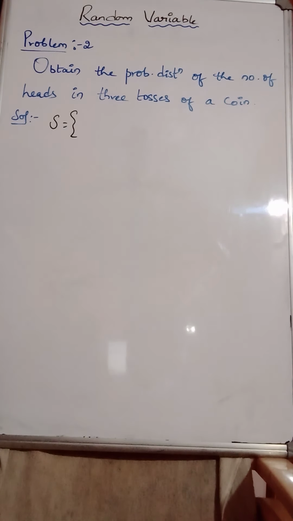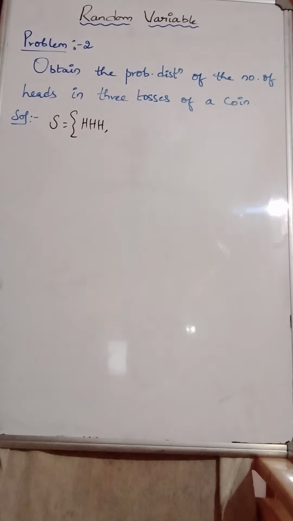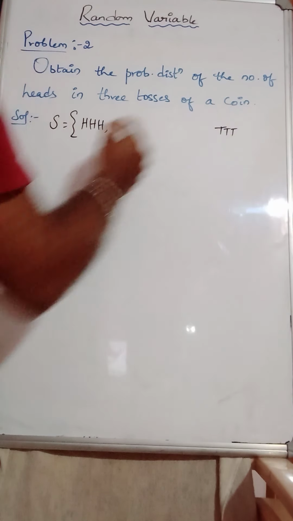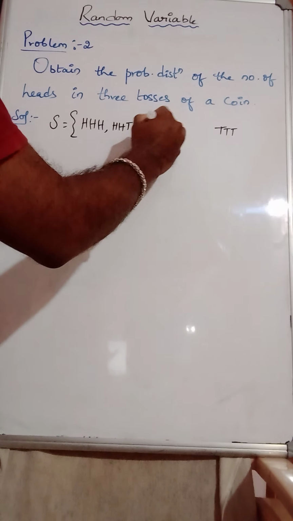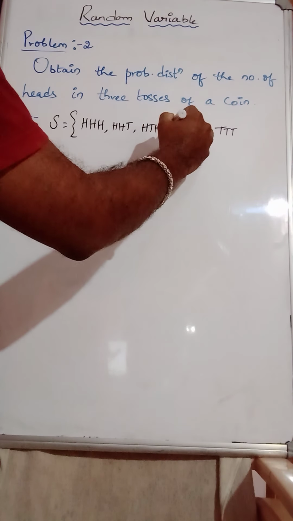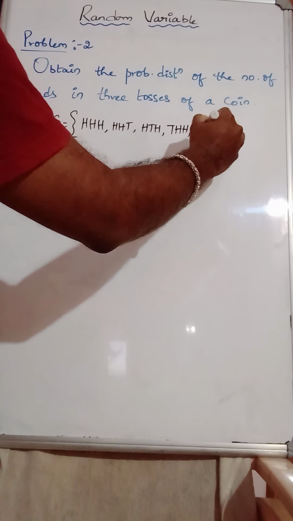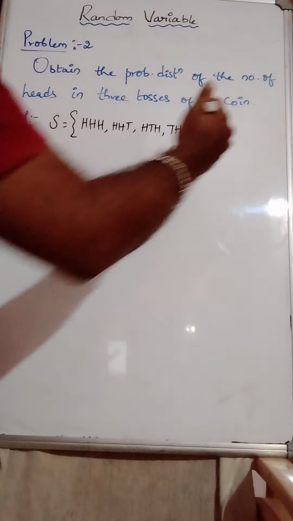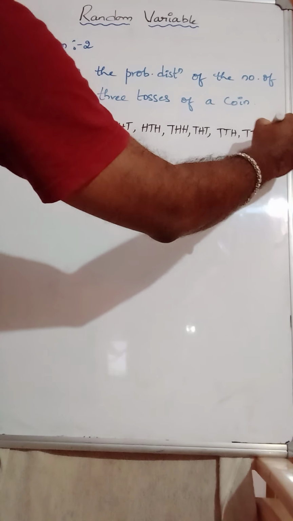Look at here, 3 times when a coin is tossed. One is 3 heads, right? And another one is 3 tails. Next, head, head, tail; head, tail, head; tail, head, head; tail, head, tail; tail, tail, head; and tail, tail, tail.